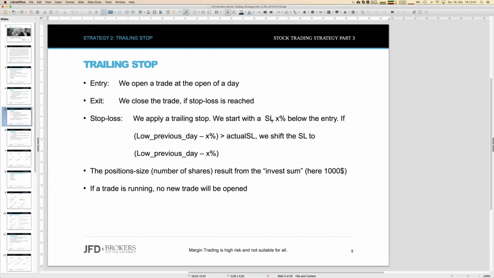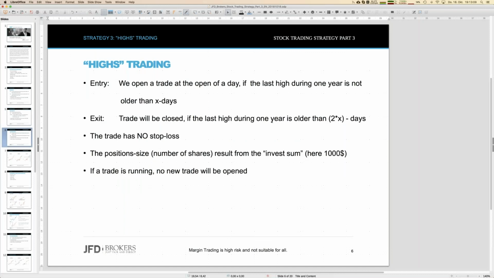And then later, for the next coming days, we always look for the last low of the previous day, and we decide, hey, that low minus our X%, if that is above the actual stop loss, then we shift our stop loss upwards. And yeah, that's one way of applying a trailing stop. So it's quite easy. And we will see the summary of all the results.